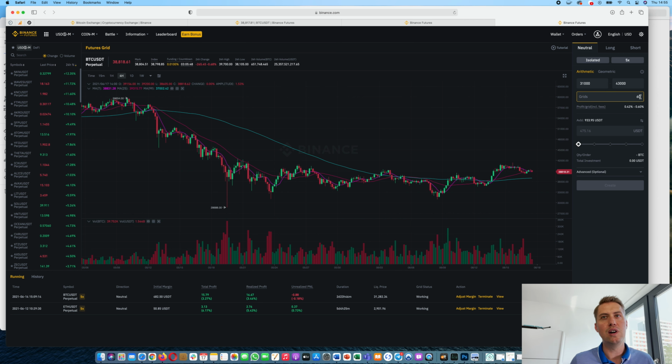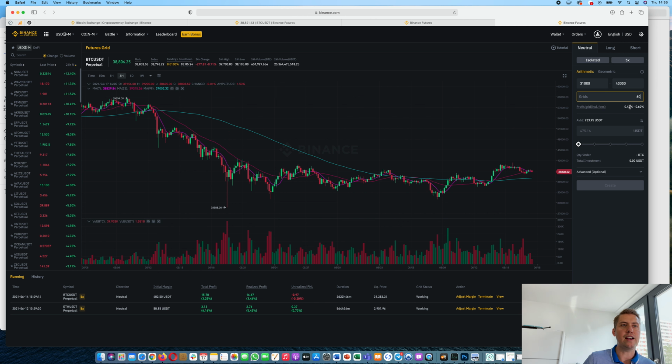You can also do fewer grids. Let's say we go to 30, then you would be at around 1% per grid. However, then it takes longer until you make money. And in my experience, it actually works better if you have more grids. However, you shouldn't have too many grids either, because you also have to calculate that you are paying a fee for every trade.